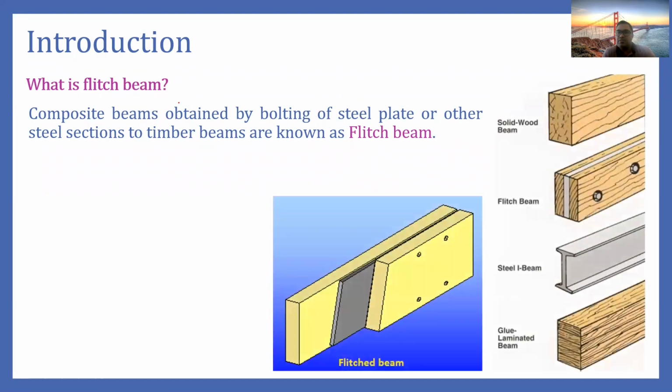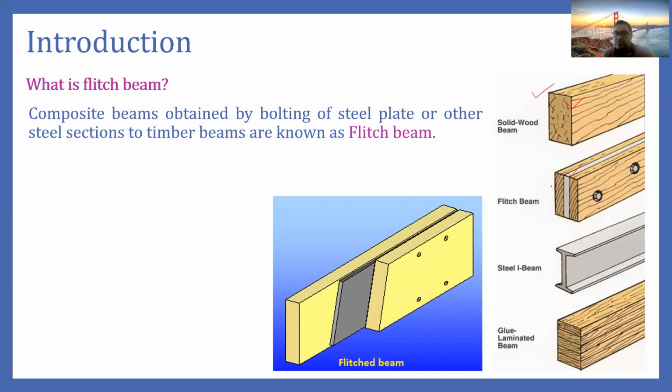You can see here we have different configurations of the flitch beam, so we can add plates in different manners. Here, this is the solid wood beam which we designed in the previous lecture. To enhance the load carrying capacity of the timber beam, sometimes we add steel plates with the help of bolting.